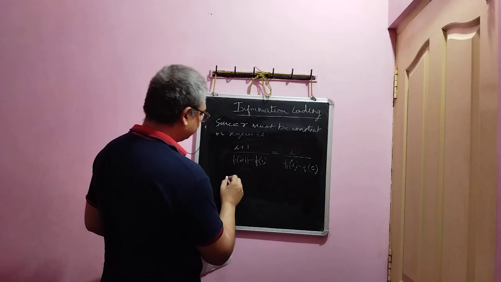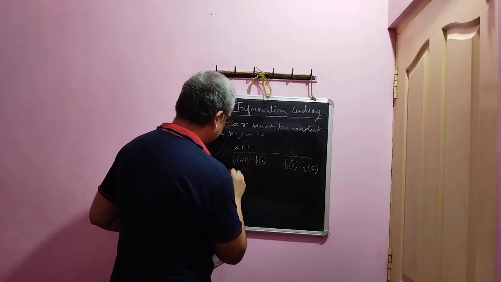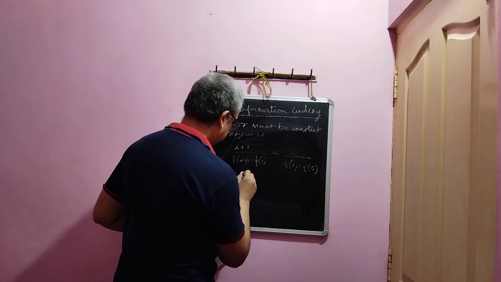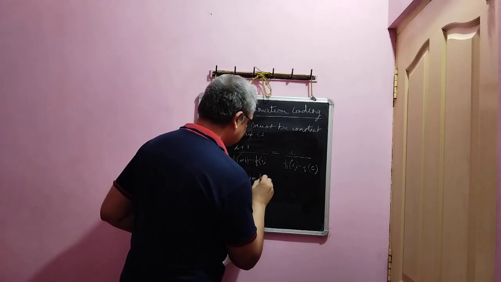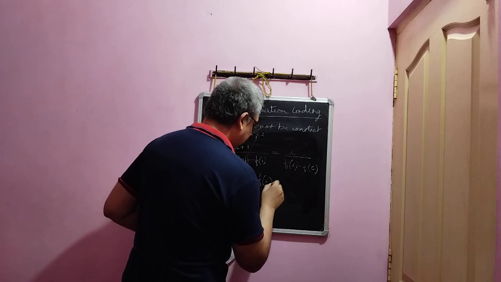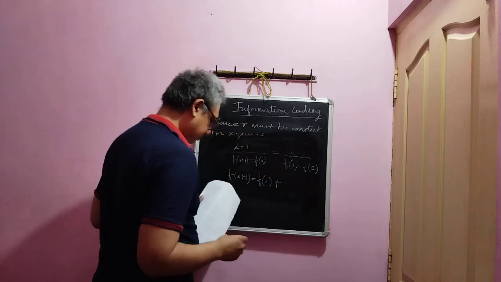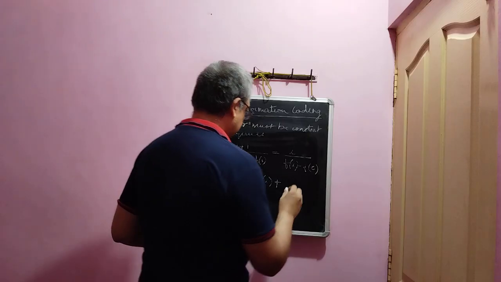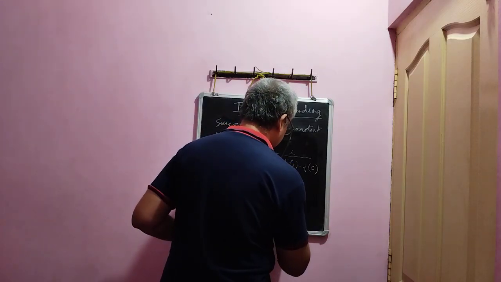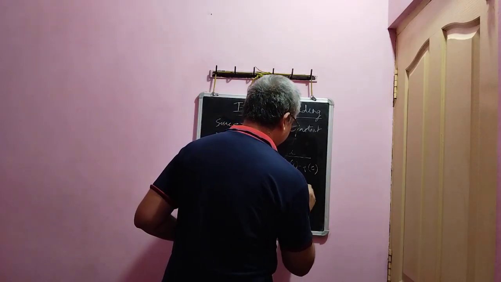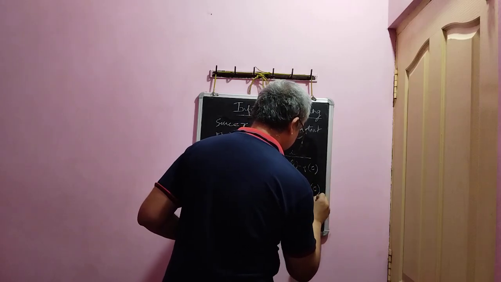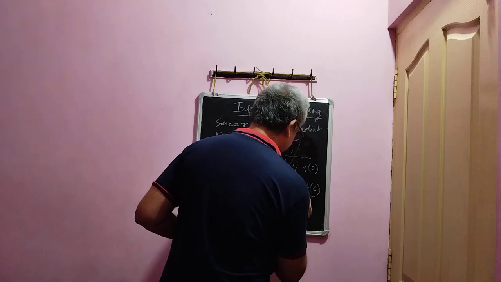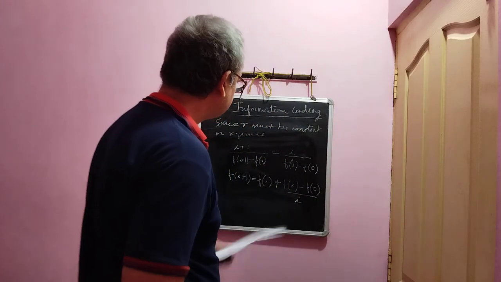This upon solving gives f of I plus 1 equal to f of I plus f of I minus f of 0 whole divided by I.